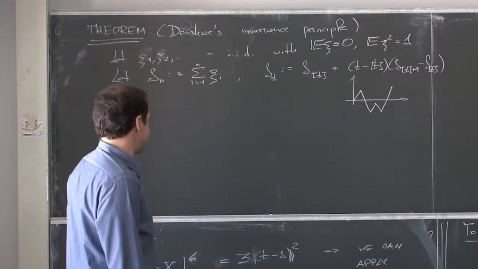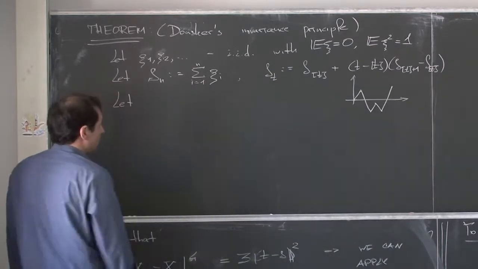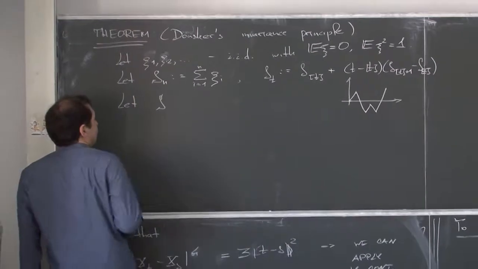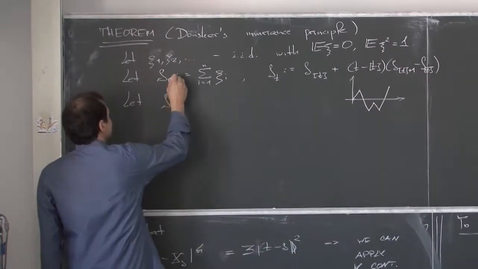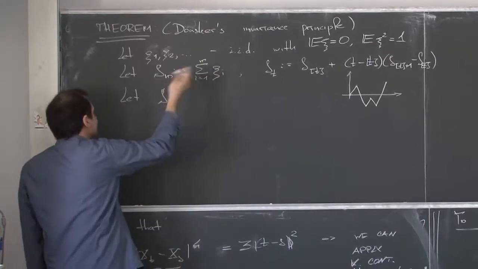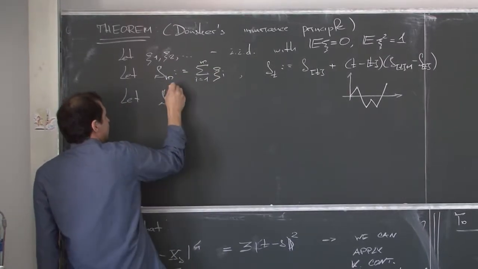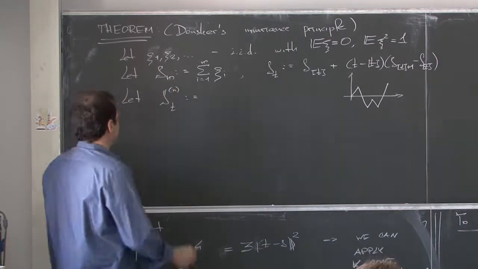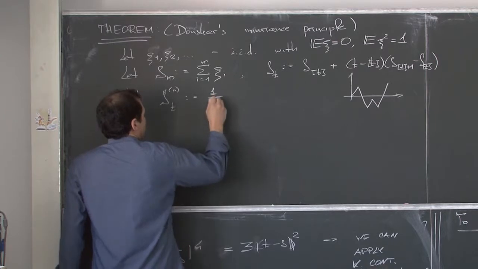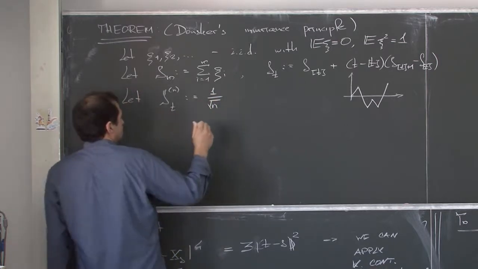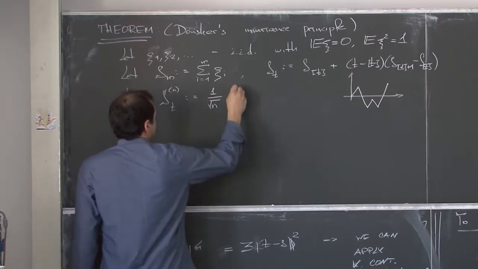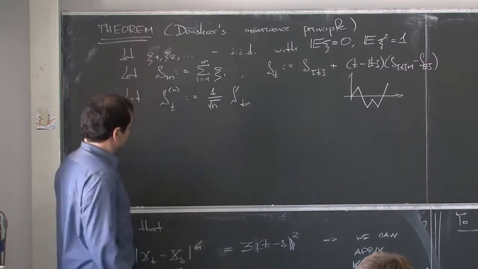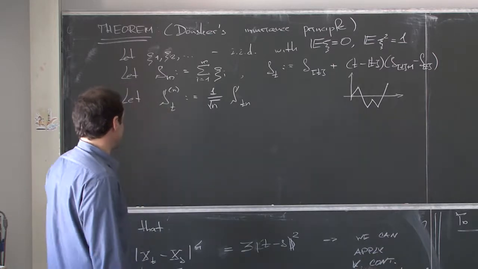What is the proper rescaling? Let us define the rescaled process S_t^n as 1 over the square root of n times S_{tn}. I hope I'm correct.